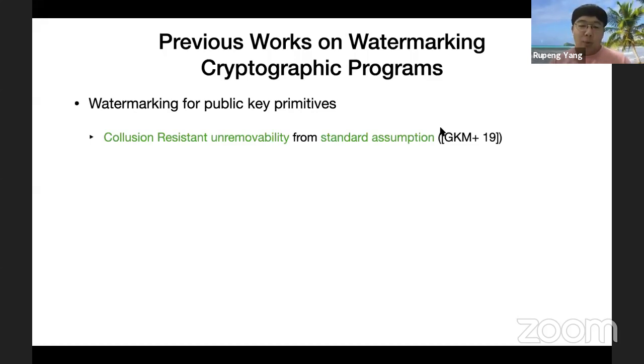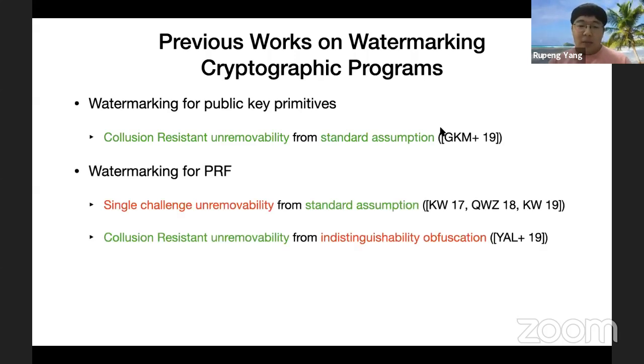We already know how to construct collusion-resistant watermarking schemes for public key primitives from standard assumptions such as the existence of one-way functions, standard lattice assumptions, and so on. However, for watermarking schemes for pseudorandom functions, previous constructions from standard assumptions can only achieve a weaker single challenge unremovability, and the only known collusion-resistant watermarking schemes for pseudorandom functions are constructed from indistinguishability obfuscation.